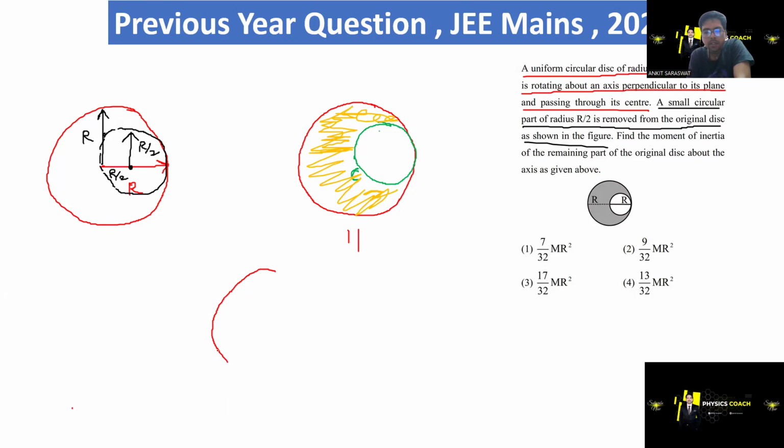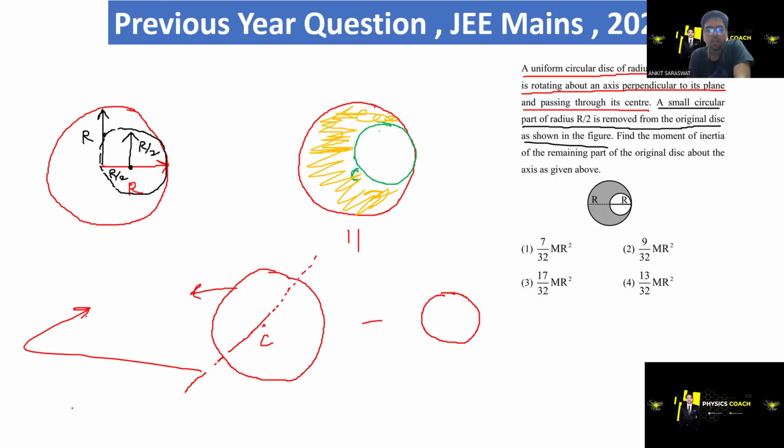We have a complete disk like this. From this, I just subtract the moment of inertia of this cut portion. For this disk, the moment of inertia is about the center. Nothing is given, so you should assume the axis passing through the center and perpendicular to the plane. This is our axis.